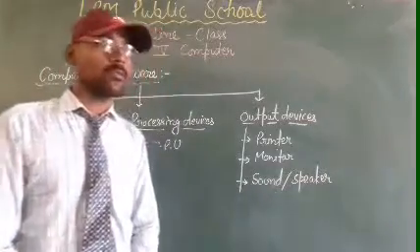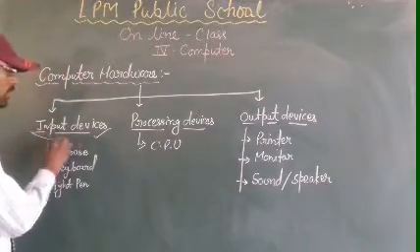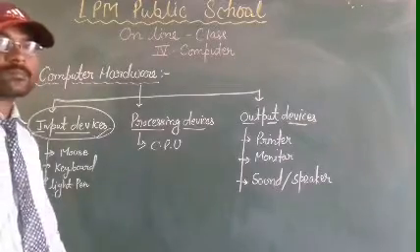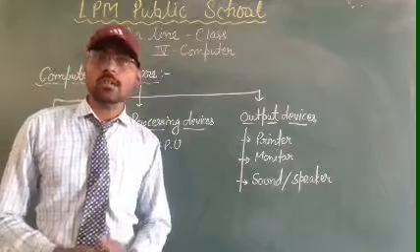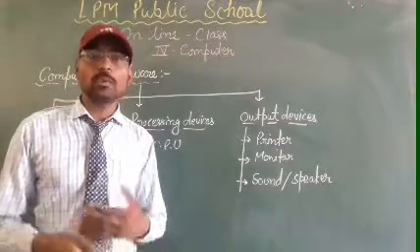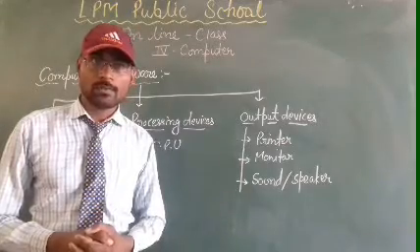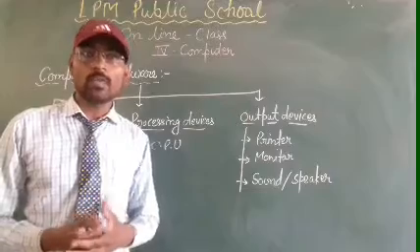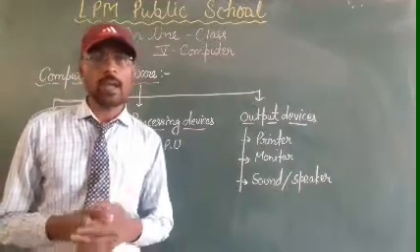So first of all, we will discuss about input devices. Okay, what are input devices? Devices that are used to enter data into a computer are called input devices. Data can be words, numbers, audio, video, images, graphics, and so on.